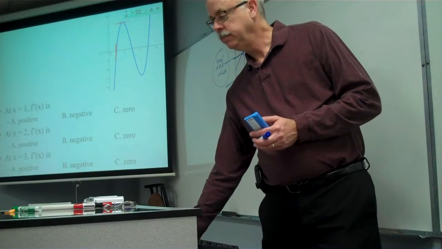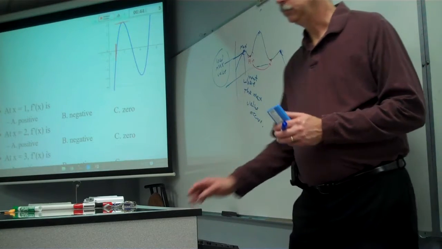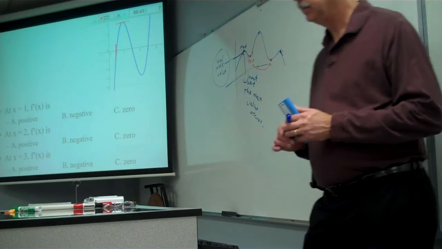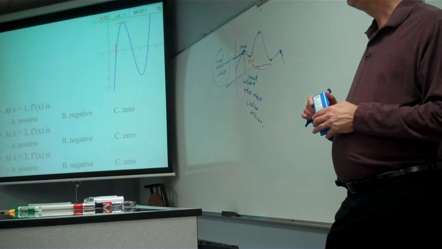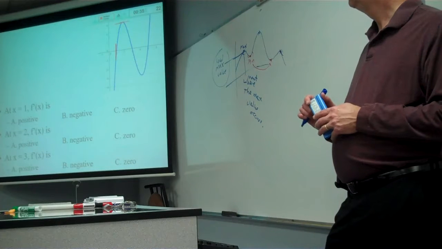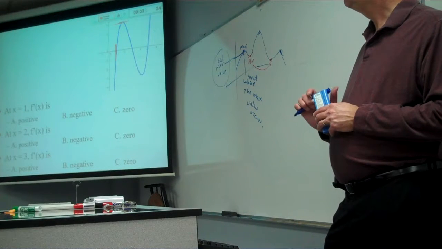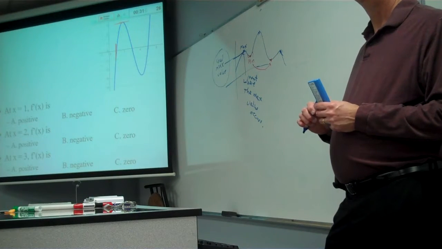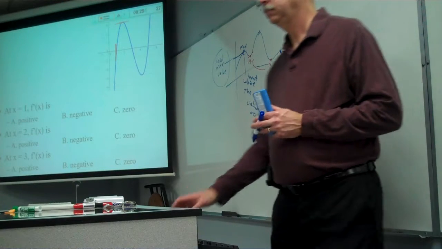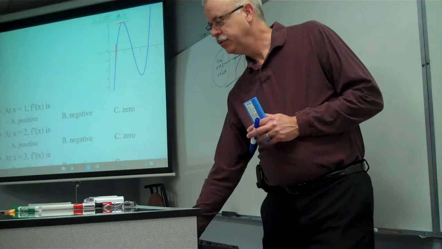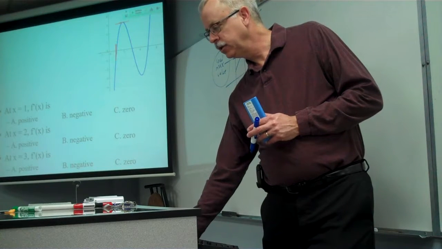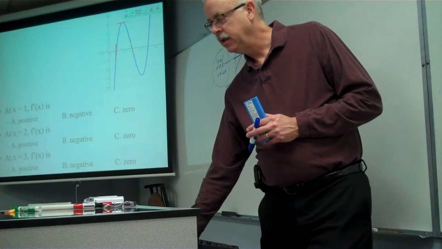What would you say at 3? Is the derivative positive, negative, or 0? Well, at 3, the tangent line looks something like that. The slope is negative.